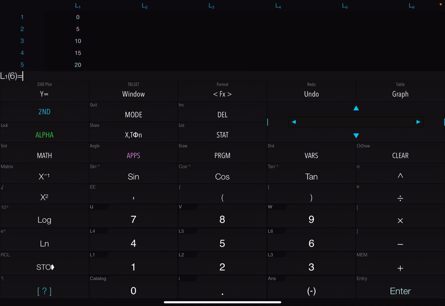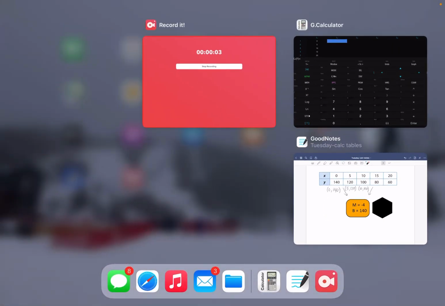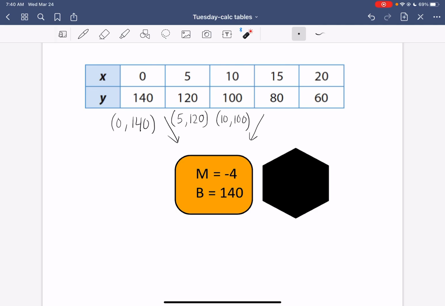So now what we need to do is go over to our L2 column. You'll push the arrow over button, and that will take your cursor to the L2 column, which is going to be our Y values. Our Y values are decreasing: 140, 120, 100, 80, 60, so decreasing by 20 each time.